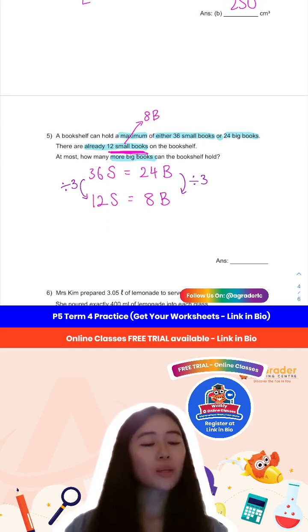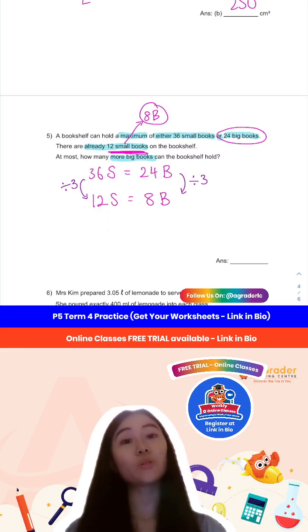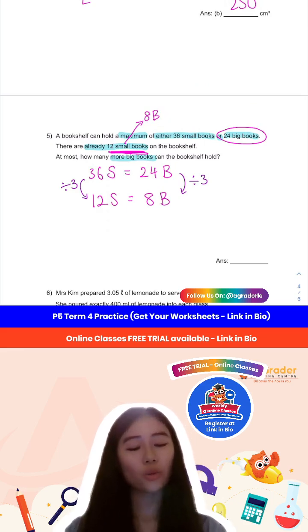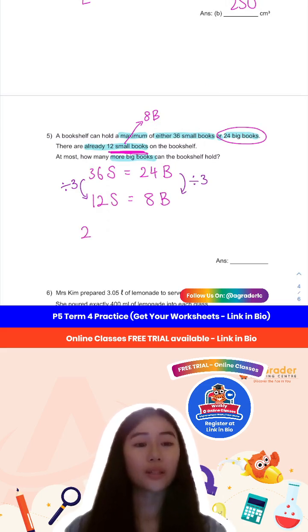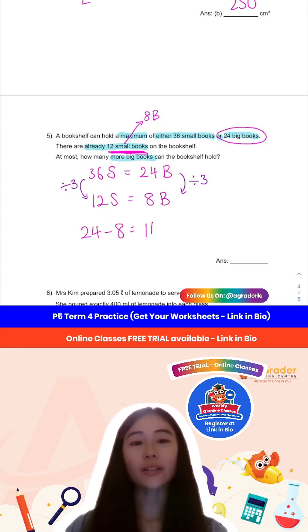So if the maximum is 24 big books, and right now you have 8 big books, how many more big books can be put? You just need to minus as your last step. So you are going to use 24 minus 8. You get 16.